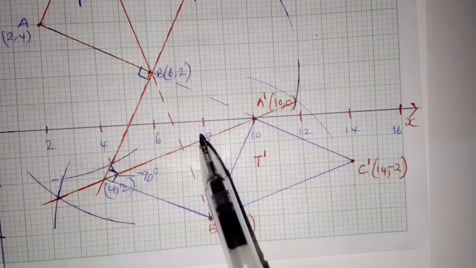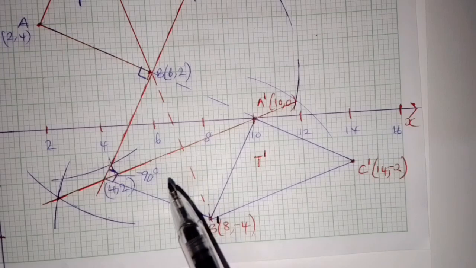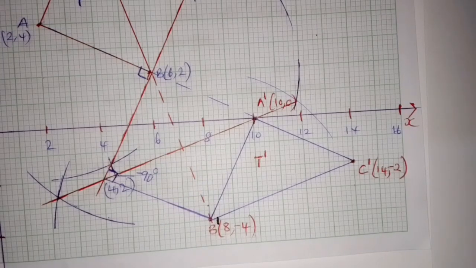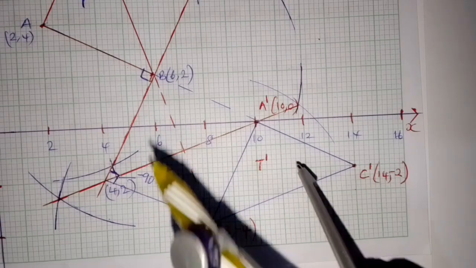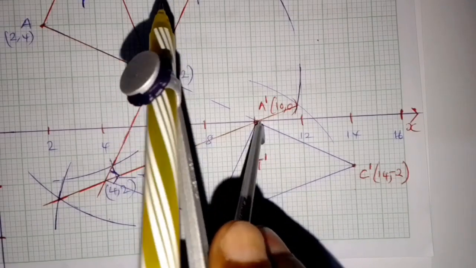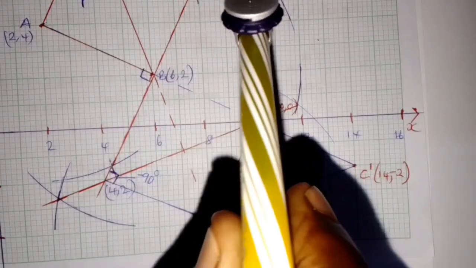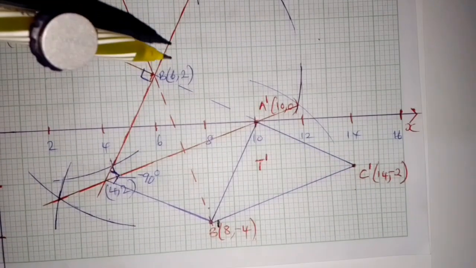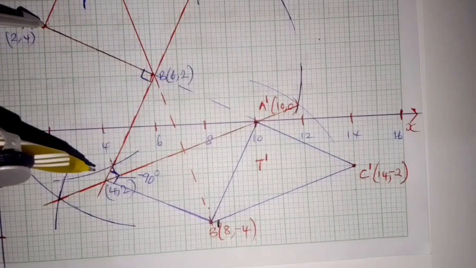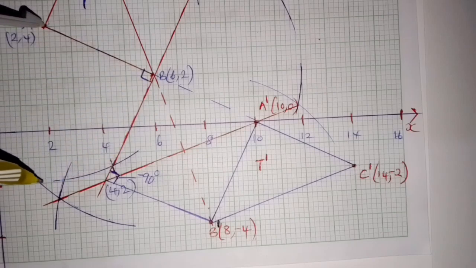After joining them, we draw the perpendicular bisector. We draw the perpendicular bisector of A and A prime.